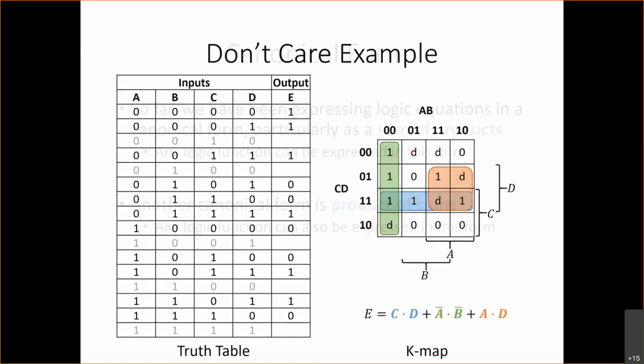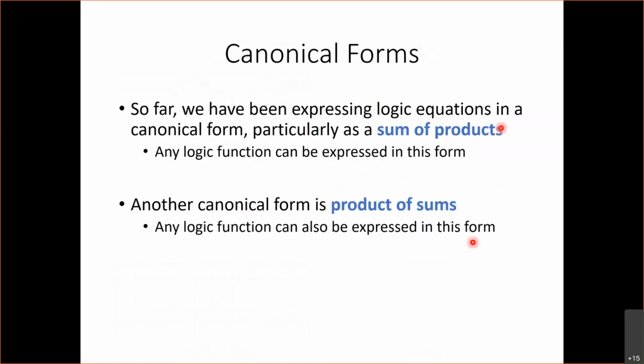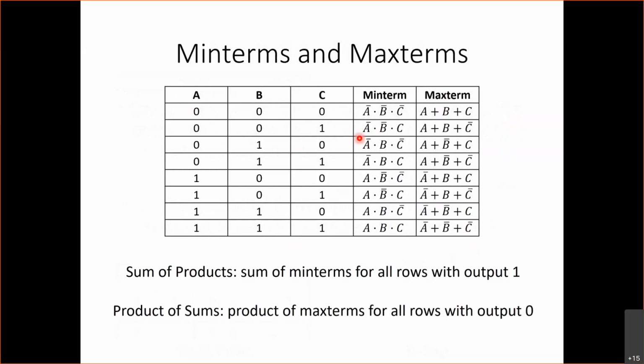equation. We finally looked at canonical forms, and we saw that so far we were expressing the equations in terms of sum of products, but another canonical form is product of sums. And we saw how every row in the truth table has a corresponding minterm whose value is 1 for this row but 0 for all the other rows, and it has a corresponding maxterm whose value is 0 for this row and 1 for all the other rows.